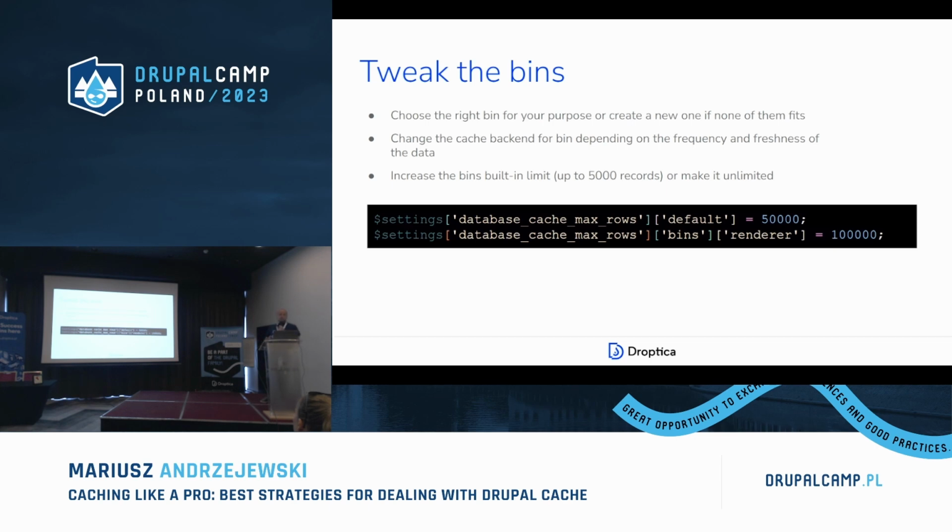Drupal also has its default limits for that bin, so it's not like it will hold 1 million records in the database out of the box. It's only 5,000 records per table, but you can change it globally or for a particular bin.